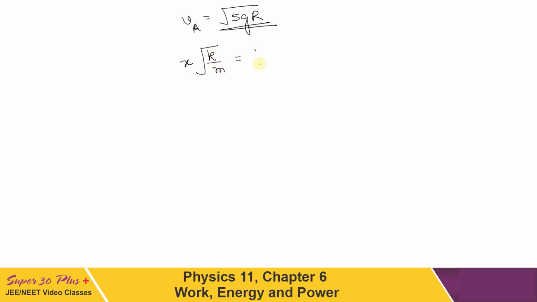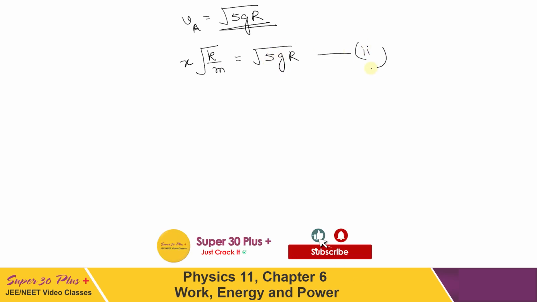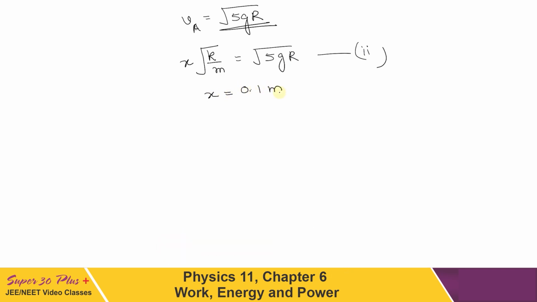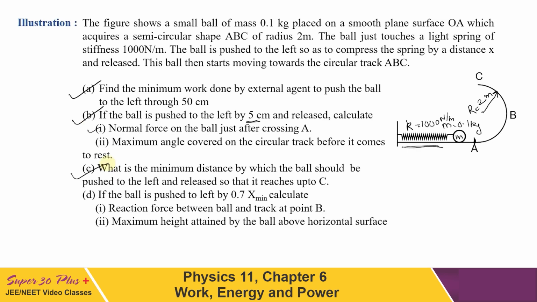It should be equal to root under 5gr. Let this be equation 2. Now on solving we will get x equal to 0.1 meter. So the spring should be compressed by 0.1 meter at least, so that it can reach up to the maximum height, which is the point C. With this our C part is also complete.